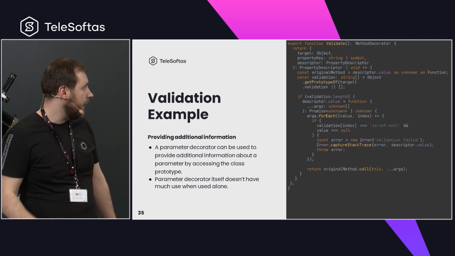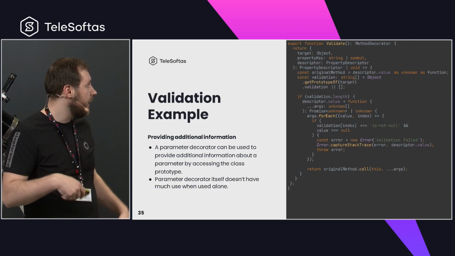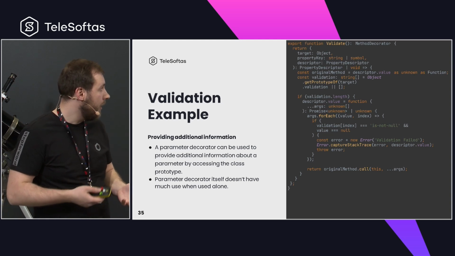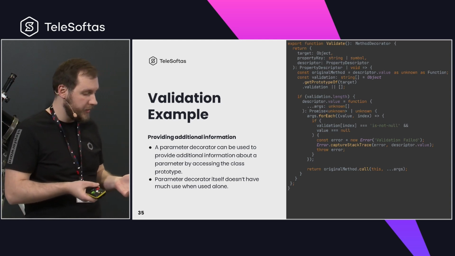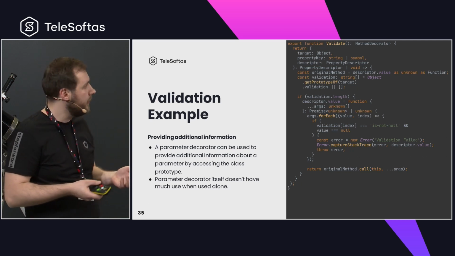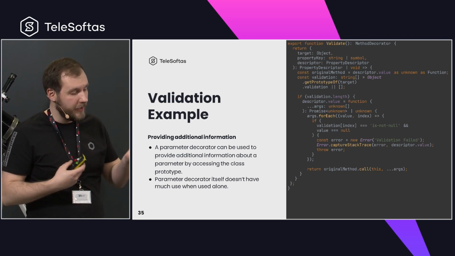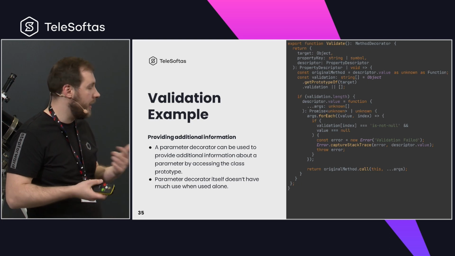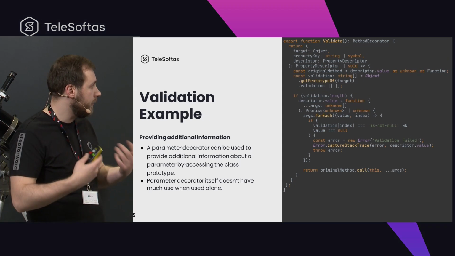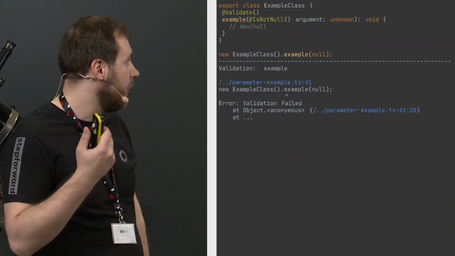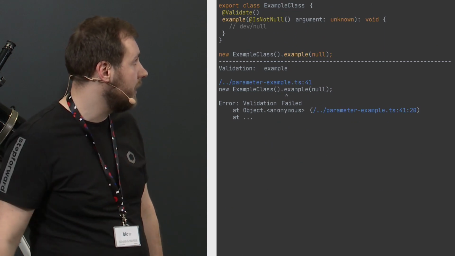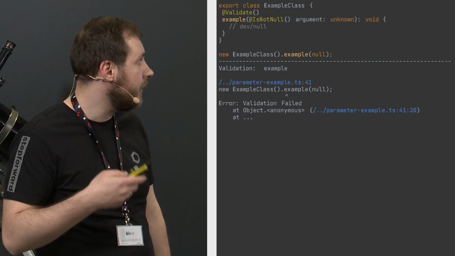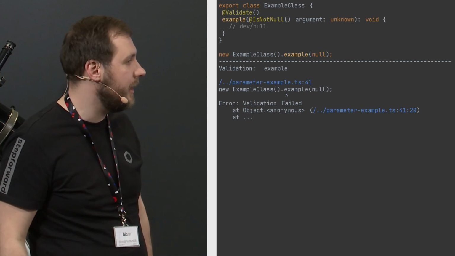And later I can access that information in a method decorator which wraps around the original method that I decorate and checks whether the given argument is null or not. And in case it's null, it can throw an error. So it can result in something like this. And as you can see in the example on the right, you could write clean and simple to understand validation logic.